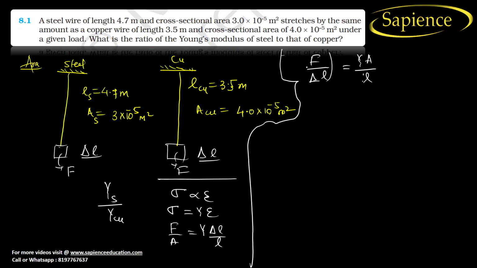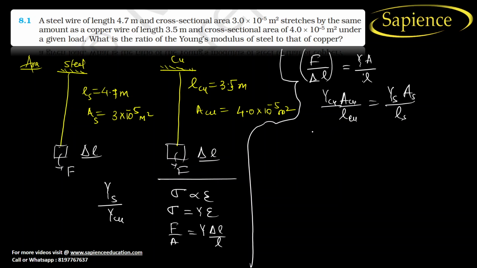Now one thing they have given is that for both the objects, the force by change in length is constant. So if this is constant, we can write Y for copper times area of the copper divided by L for copper is equal to Y for steel into area of the steel divided by length of the steel.